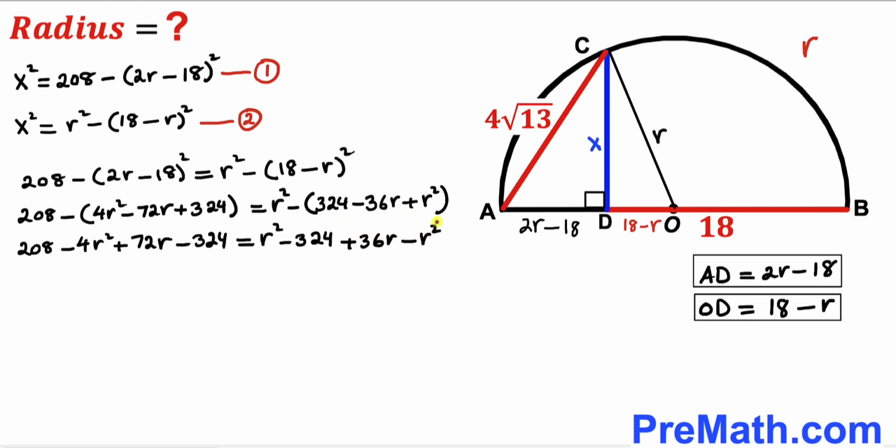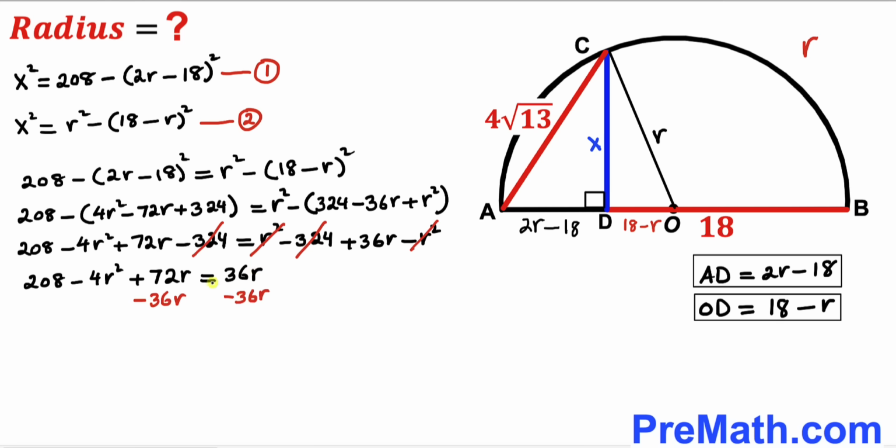And here we can see r square and negative r square are gone. Negative 324 and negative 324 are gone as well. So therefore we end up with 208 minus 4 times r square plus 72 times r equal to 36 times r.